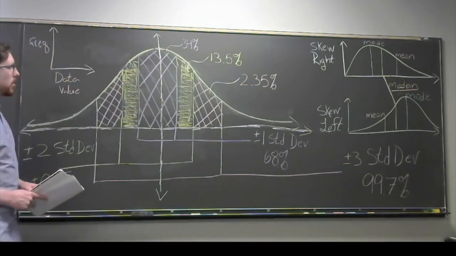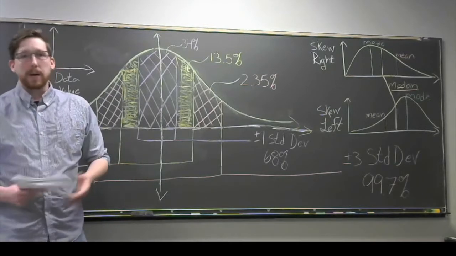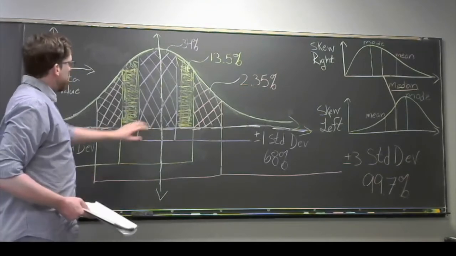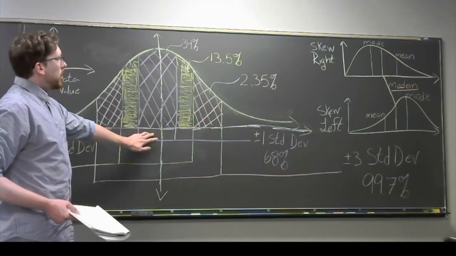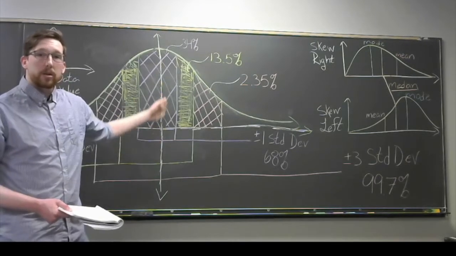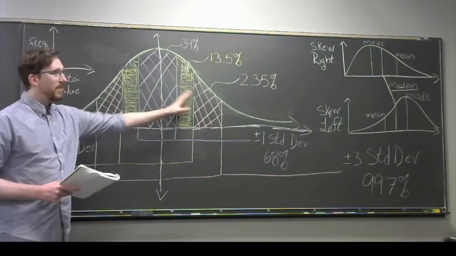So, these are just some general facts about the bell curve thus far. There's something else I should point out. It may not always be the case that our data is symmetric and normally distributed, like what we have here.